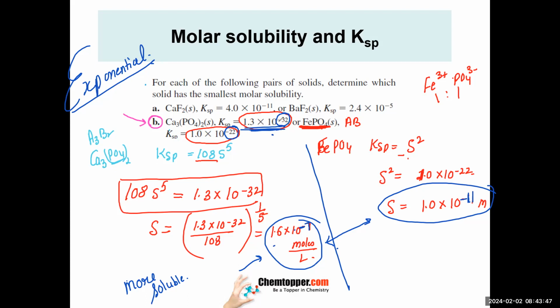If I just compared Ksp, I would have reported the other way around. I would have said calcium phosphate is less soluble. But no, it is more soluble. You check the calculation. Azuni, can I ask you to review that exponential video from unit 0? That will clear everything.